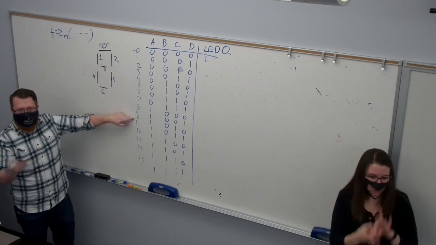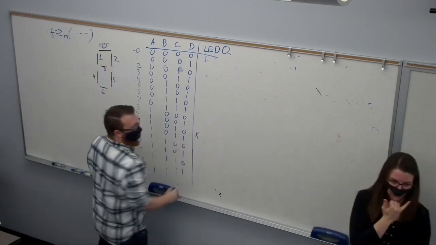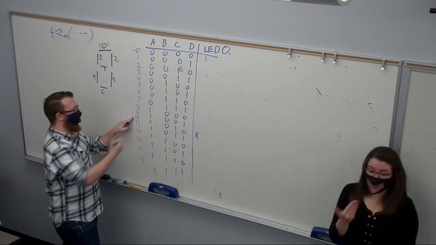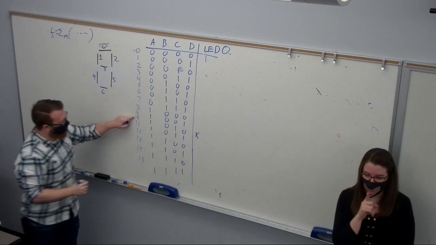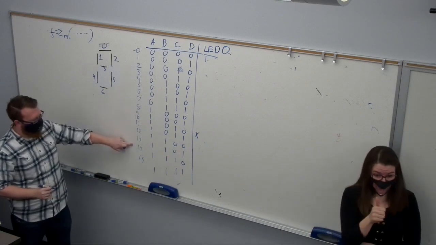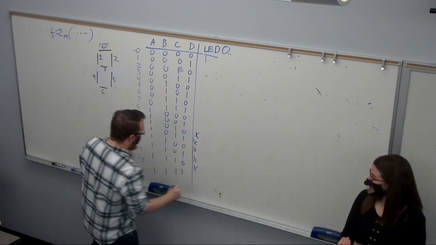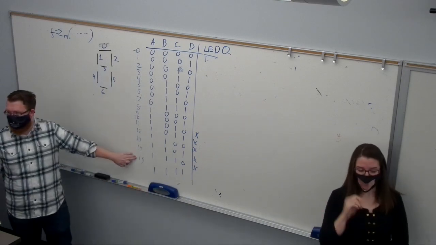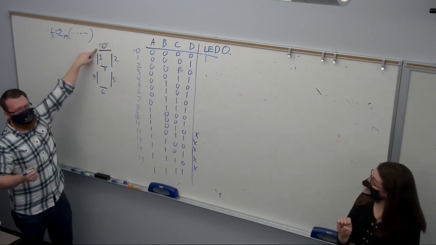If that happens, something went wrong. So 10 is don't care. And again, I don't care if you use X's or D's. And that's going to be true for 10, 11, 12, 13, 14. And then I said I wanted to reserve 15 for E. E is going to light up LED 0.